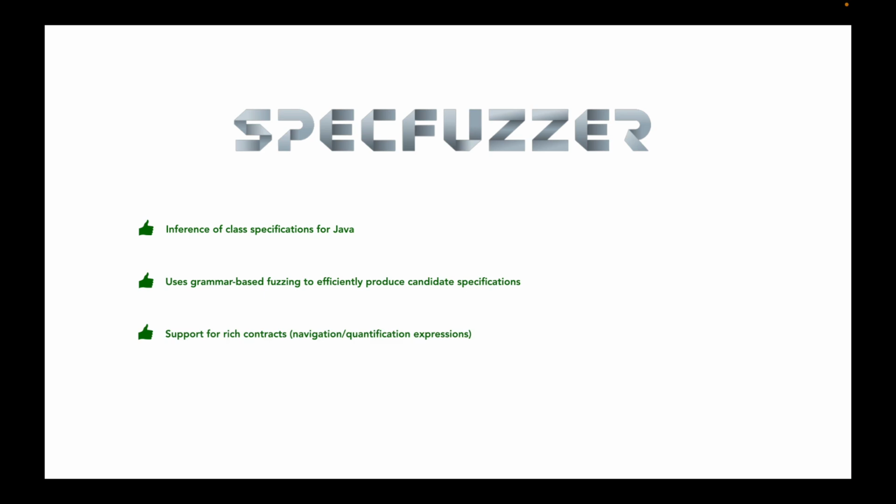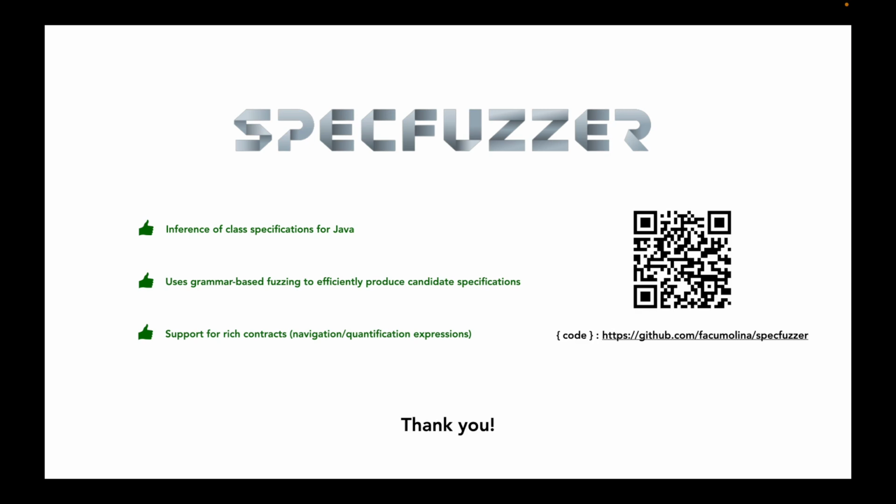To conclude, SpecFuzzer is a class specification inference tool for Java. It uses grammar-based fuzzing to efficiently produce candidate specifications, supports rich contracts including navigation and quantification expressions, and finally it is publicly available on GitHub, where you can also find examples and further documentation.